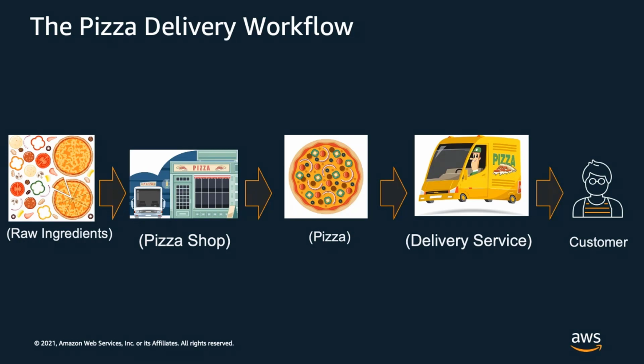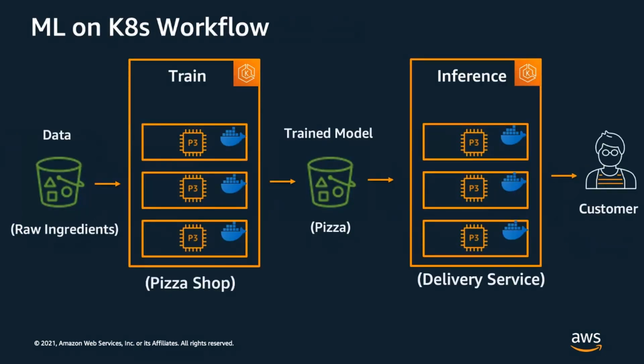Note, there might be examples of this where the pizza shop handles both production and delivery of the pizza, but today we're going to focus on the case where two businesses are involved. A potential or typical ML workflow on Kubernetes is a lot like this. Instead of raw ingredients, we'll start with some training data. This data is then processed and trained in the training Kubernetes cluster, generally leveraging a deep learning framework like TensorFlow, PyTorch, or MXNet.